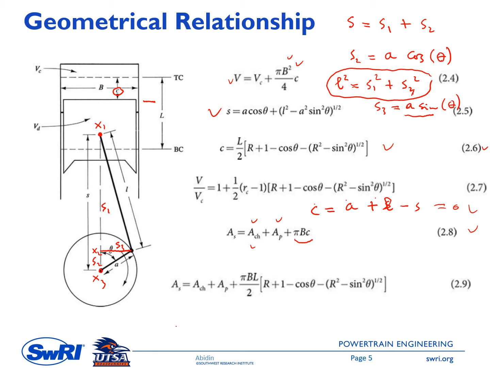So this is a function of C. So equation 2.8 here is the one for the cylinder chamber area. And then equation 2.9 here is the same as equation 2.8. In this case, we substitute C with equation 2.6. So you can see in here again that the cylinder area is a function of crank angle.